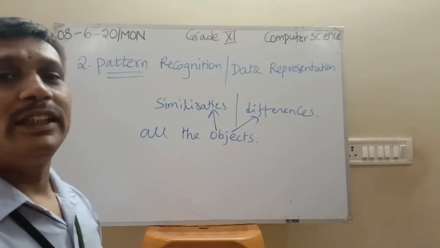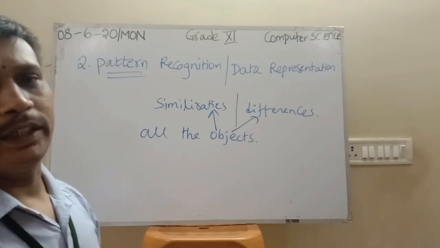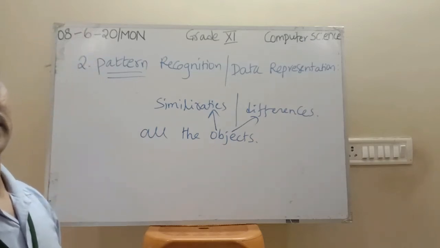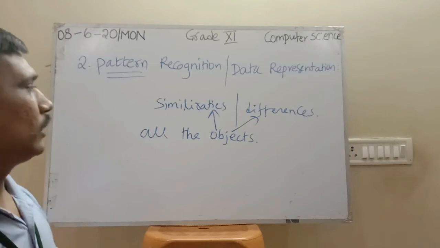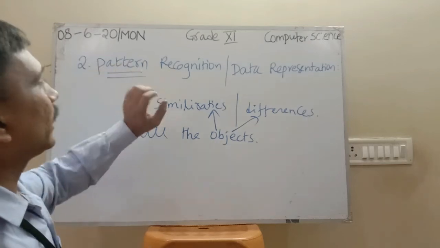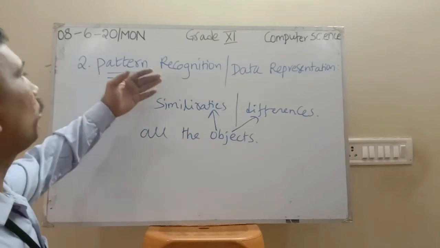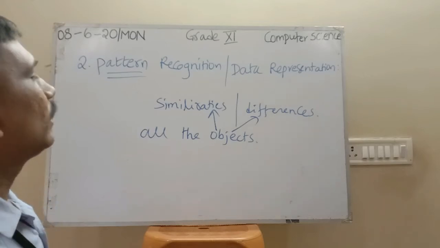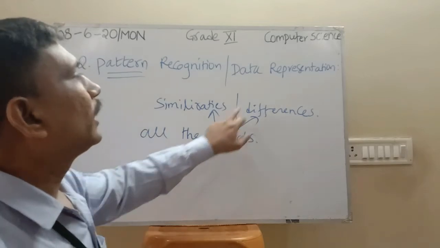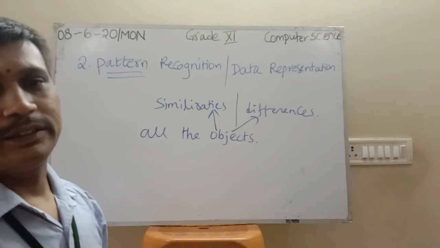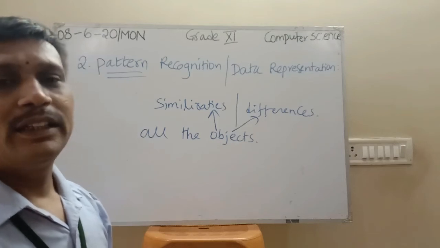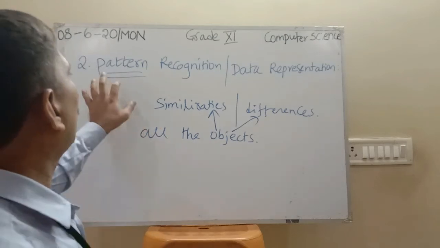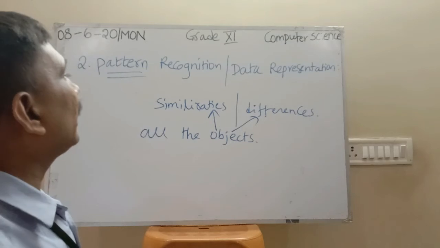So this identification is very important when you are dealing with any logic or computational thinking. So with pattern recognition, we identify the objects and their patterns, similarities and differences. After that, we represent all these objects in a data format. So we represent the data by using these objects. This is the concept of the second characteristic, pattern recognition.